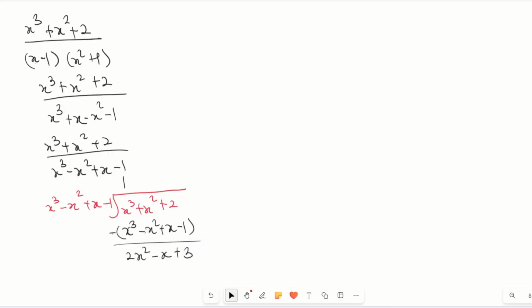So therefore we can express the rational expression as 1, right, plus the remainder, which is 2x squared minus x plus 3 all over the divisor, which is x cubed minus x squared plus x minus 1.